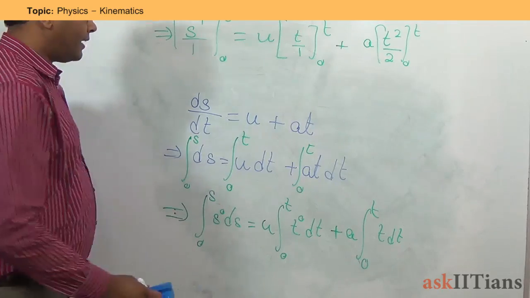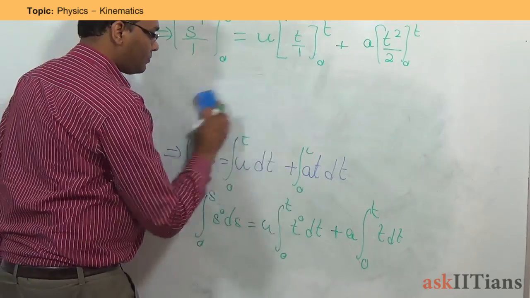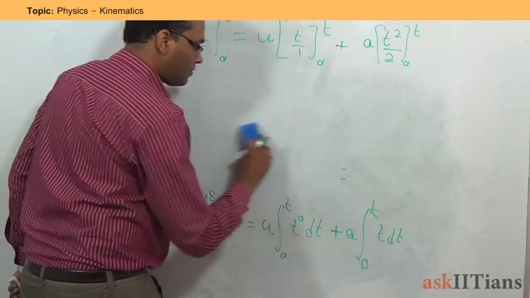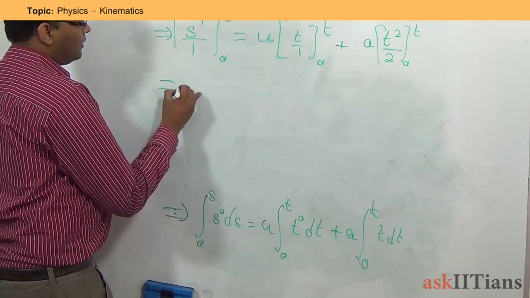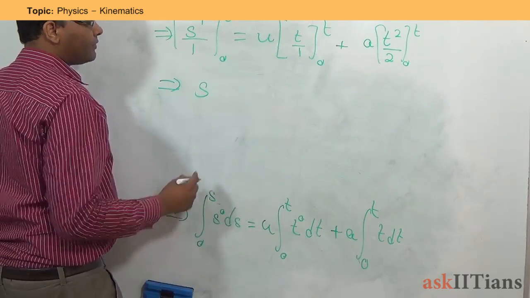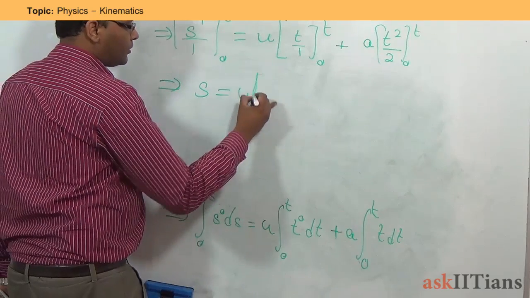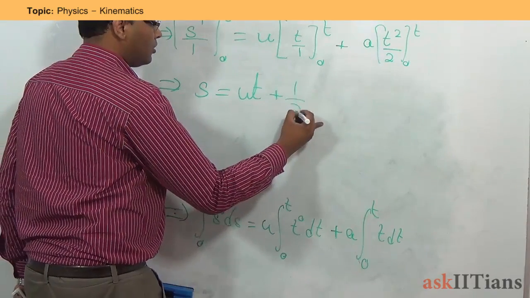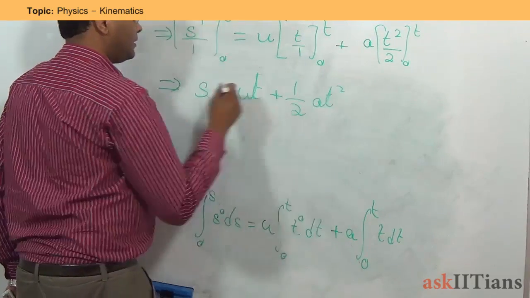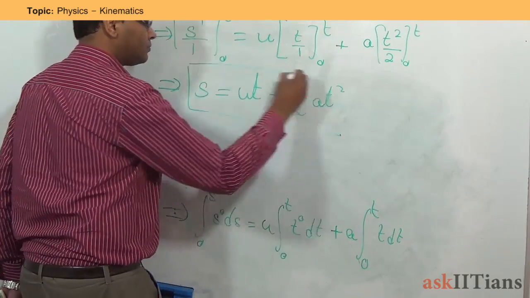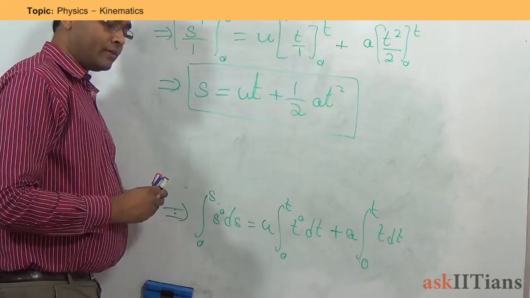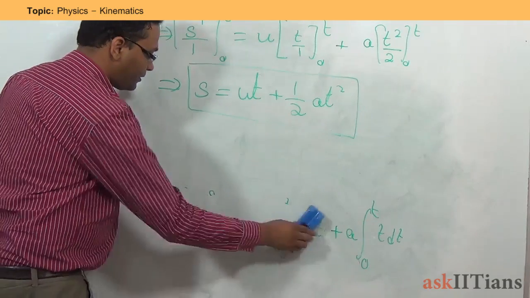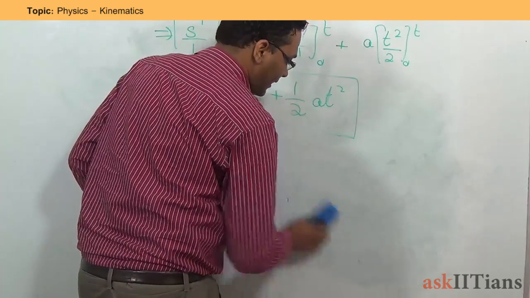Therefore, this can be simplified and we will get s equals ut plus half at square. So this is our second equation which we had derived, if you remember.